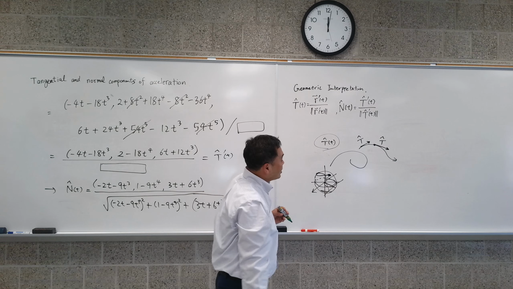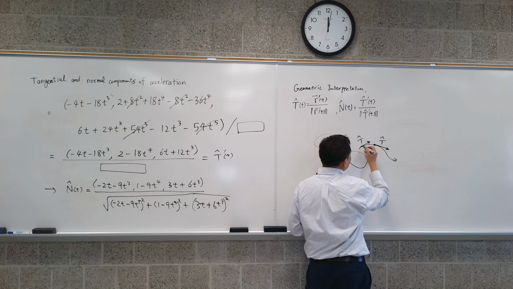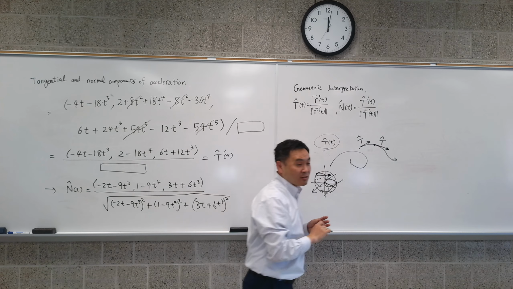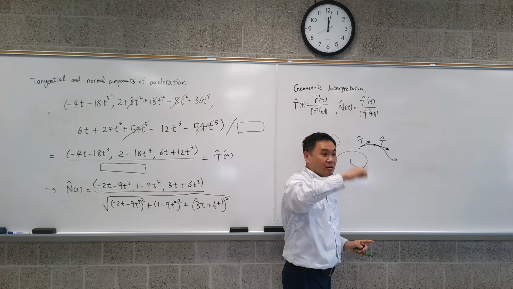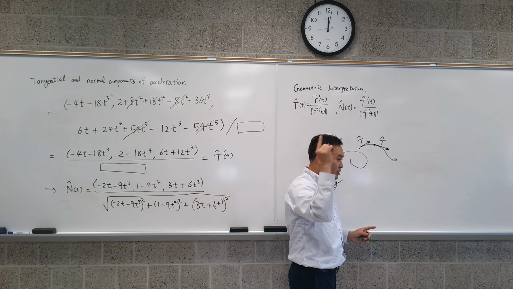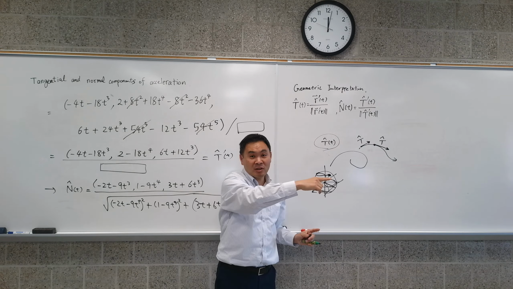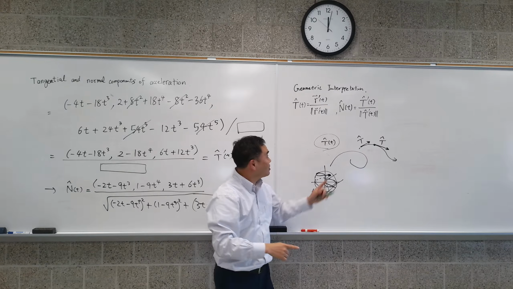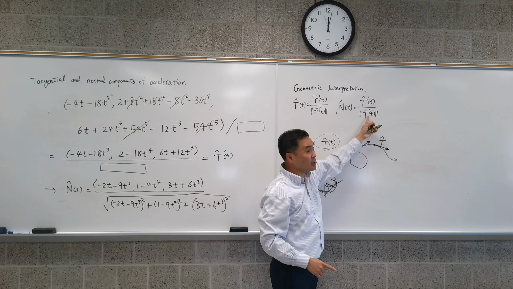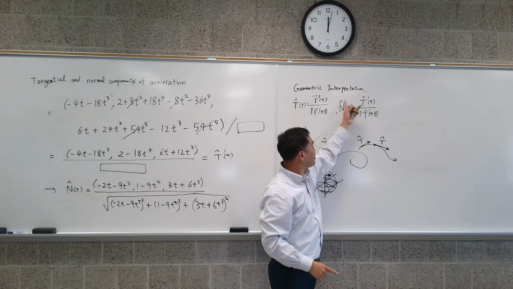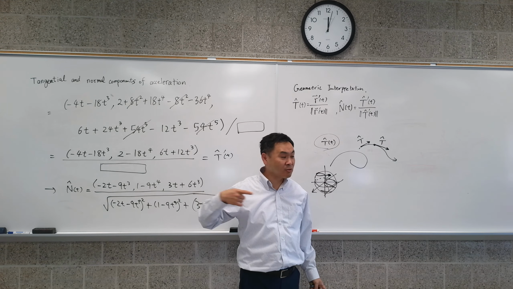And then think about what this is doing. It's looking at how the unit tangent vector twists, right? This is the rate of change of the unit tangent vector. If the unit tangent vector is straight, meaning it's a straight line, then this will be undefined because this will be simply 0 and you're dividing by 0, okay? So hidden in this definition, it's saying that the unit normal vector is never defined if it's going on a straight line.